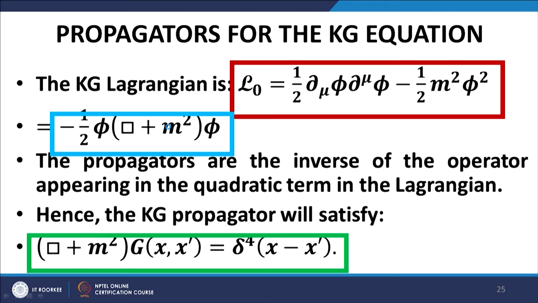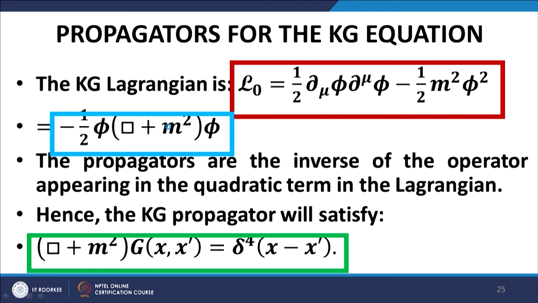The propagators, as you know, when they operate on the Klein-Gordon operator, or for that matter any wave equation, return the delta function. So, the propagators can be regarded as the inverse of the quadratic term in the Lagrangian, and that is precisely what we write here in the green box.